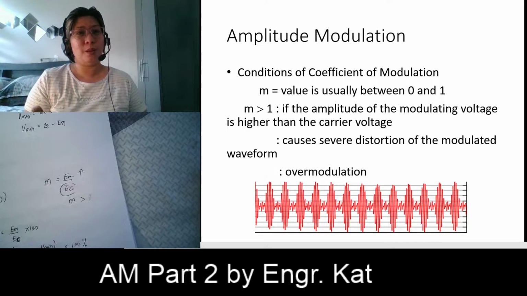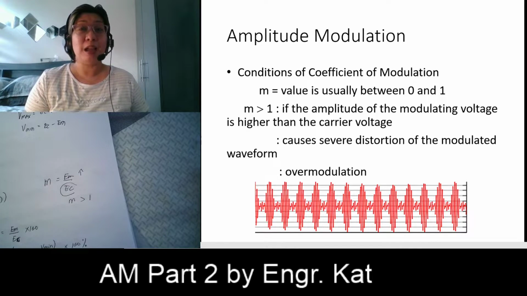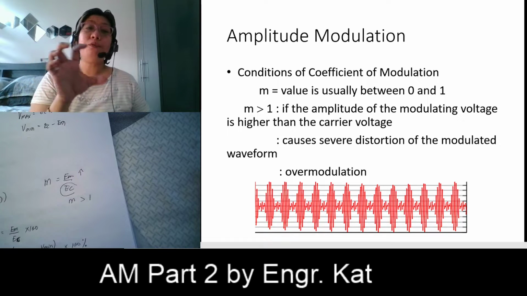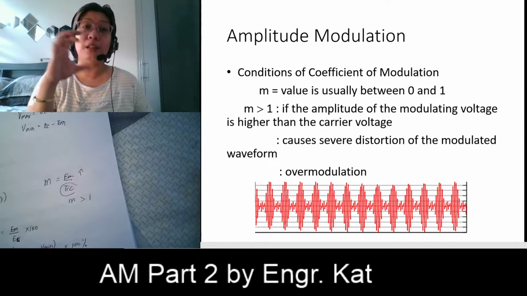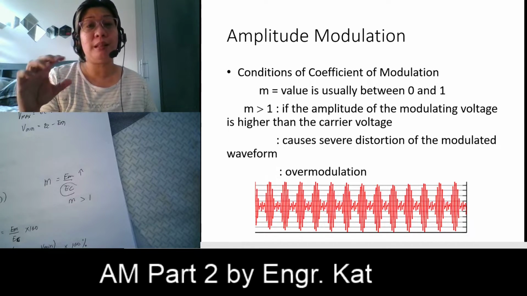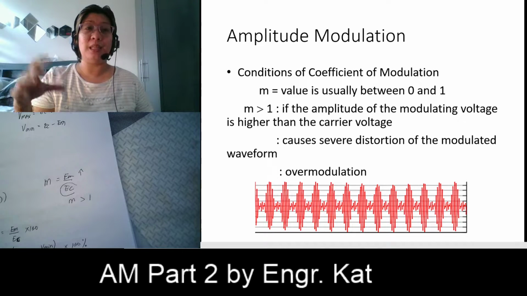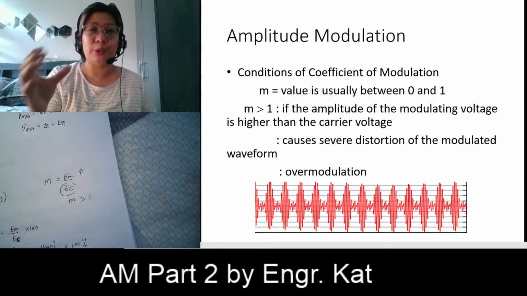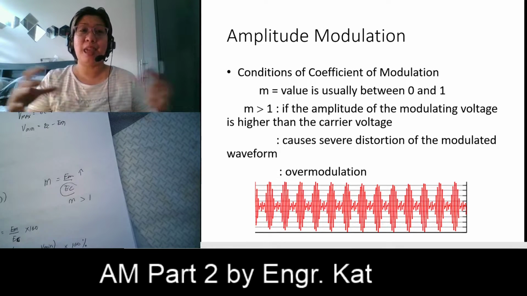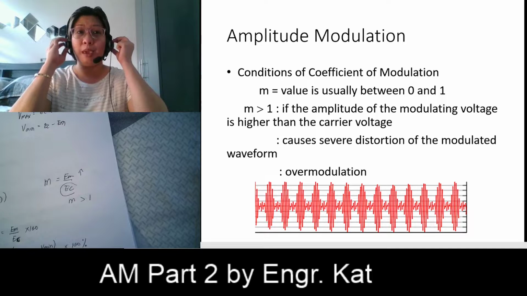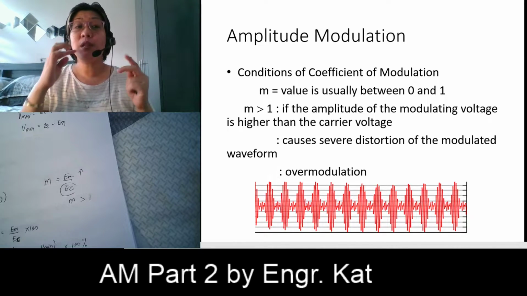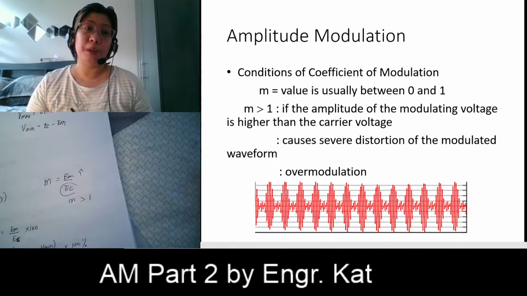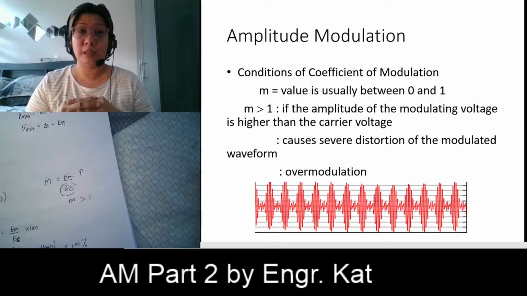Okay, so it would look awkward, right? Or just imagine you have a letter and you have to send that letter. You have to place that letter in an envelope. So what will happen when your letter is bigger than the envelope? So we are assuming that at least the carrier has a greater amplitude compared with your modulating signal.